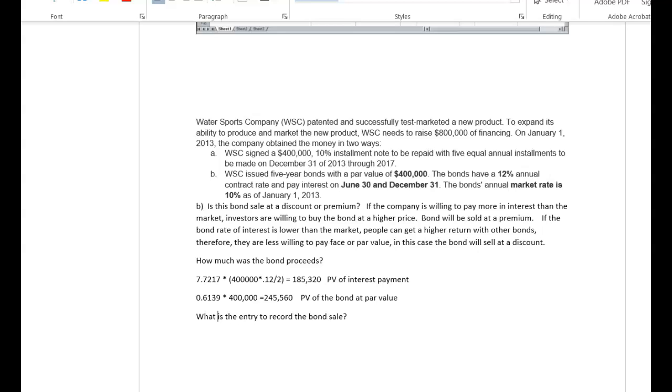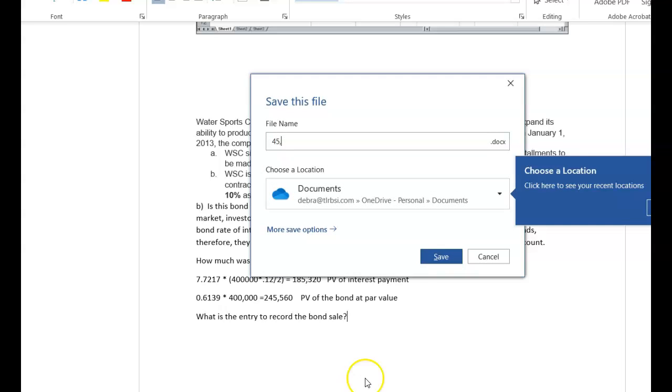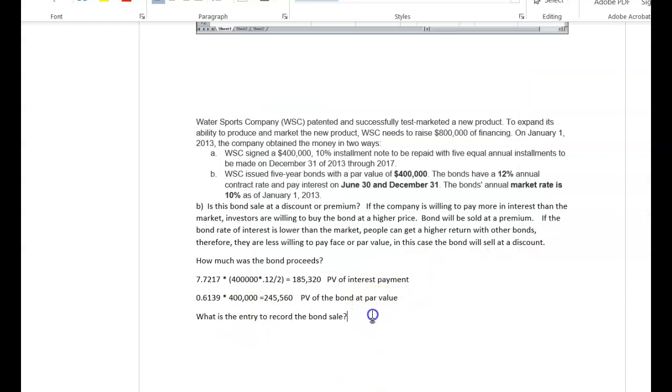So if we take the 245,560 and add the 185,320, you come up with a total of, give me a minute, sure I did that right, 185,320 plus the 245,560.